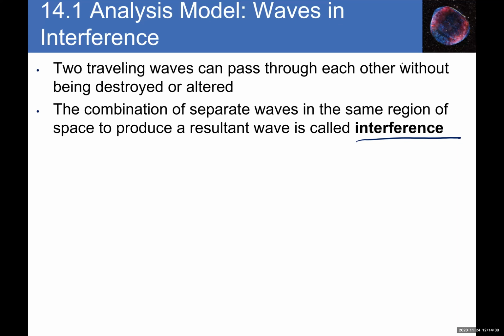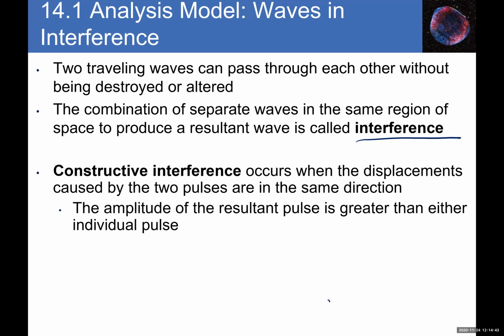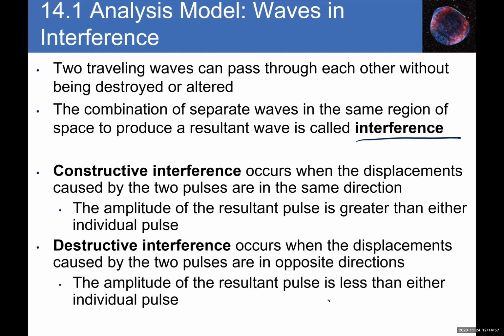All right, coming back to this. We have two things. You have constructive interference, which occurs when the displacements caused by two pulses are in the same direction, that means both with positive amplitude. So the amplitude of the resultant pulse is greater than either individual pulse. We saw that. And then there's also destructive interference, which occurs when the displacements caused by the two pulses are in opposite directions.